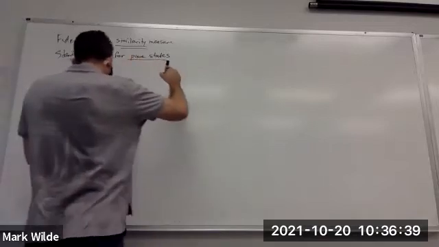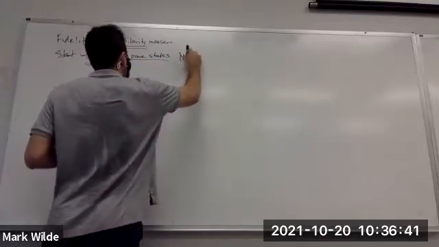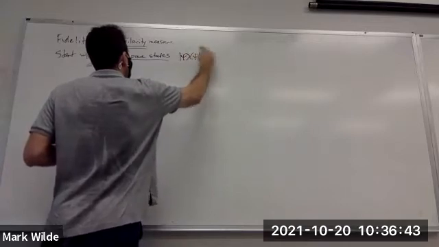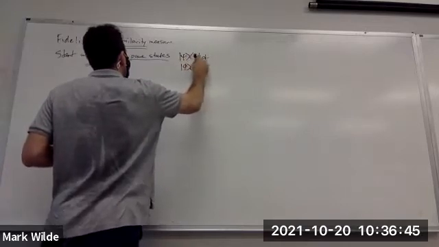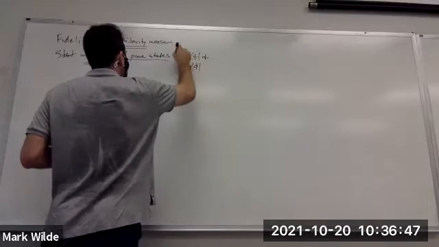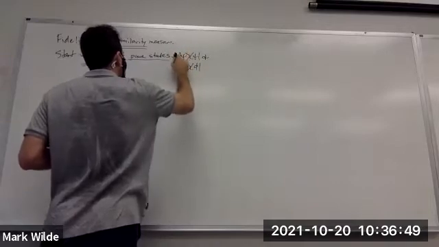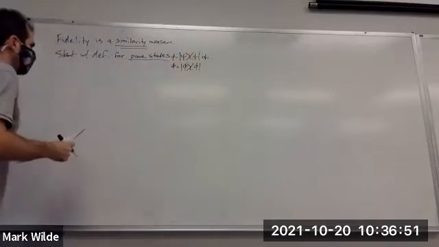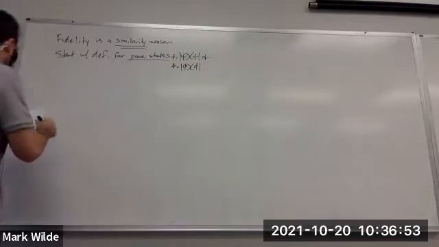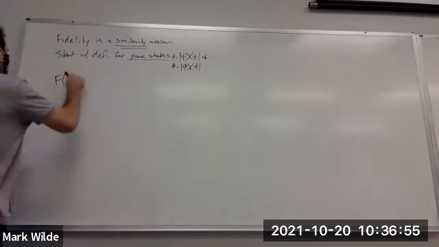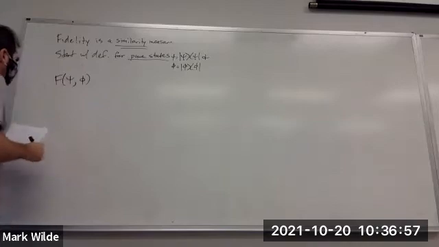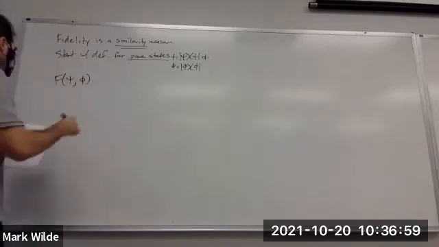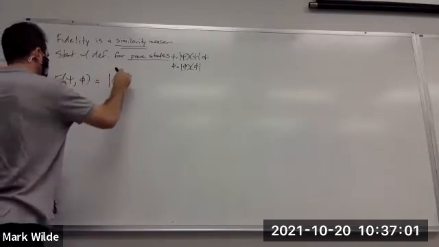So the pure states, we'll call them psi and phi. And then the usual thing we do is we abbreviate this as psi and phi. Okay. So we don't have to write it twice. So the fidelity of the pure state density operators psi and phi we'll just define to be the squared overlap.